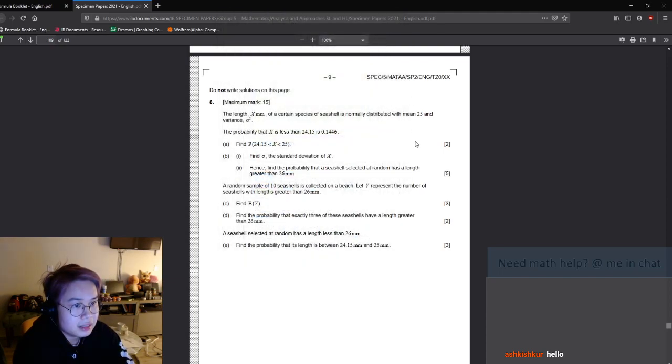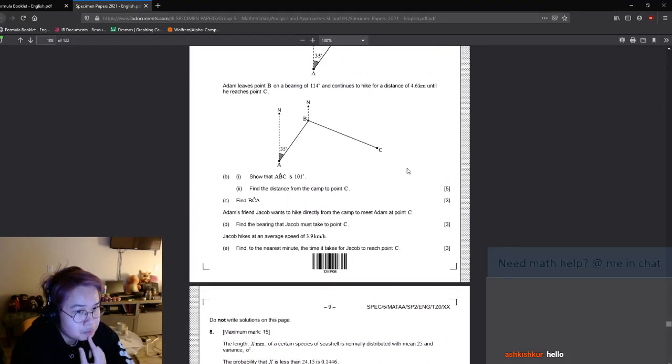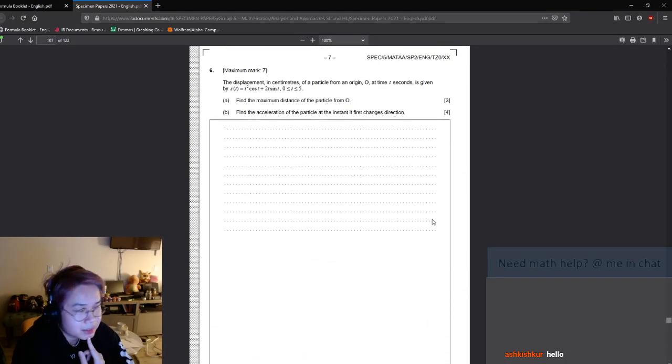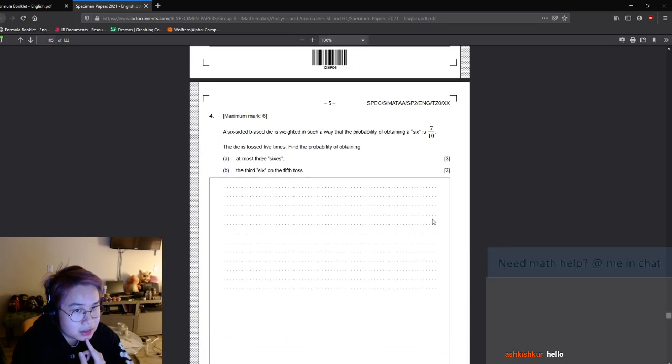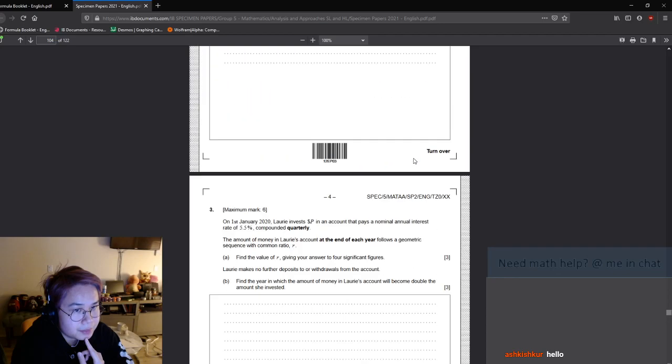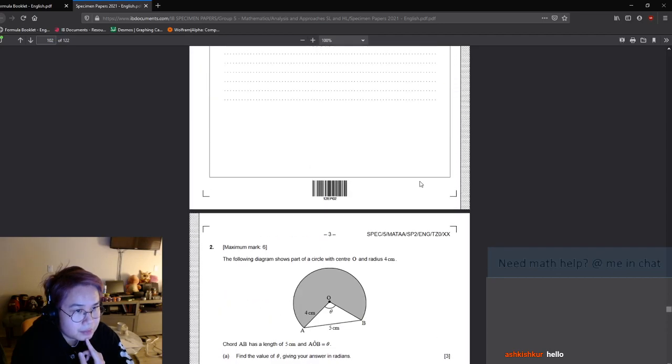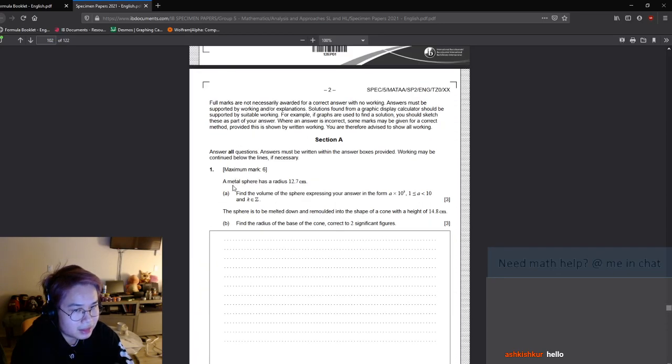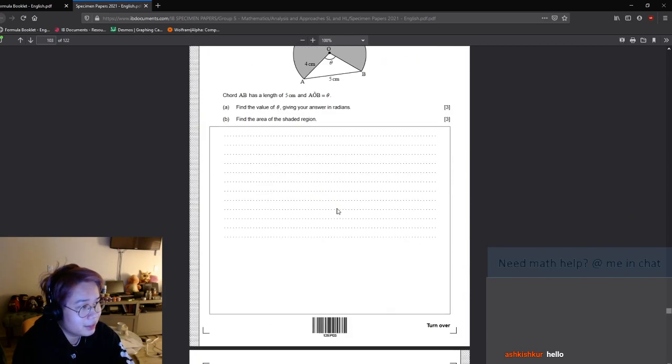Now, some of these marks on the side, they're pretty generous, especially these shorter ones. Like, look at this. Find the volume of the sphere, 3 minutes to do this, but it'll take you 30 seconds. Maybe a minute. You have to look up the formula, and you plug it into your calculator.